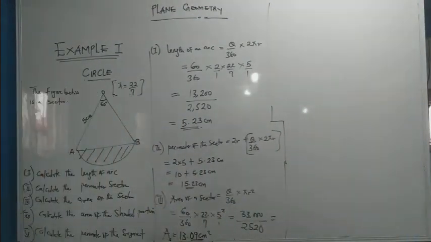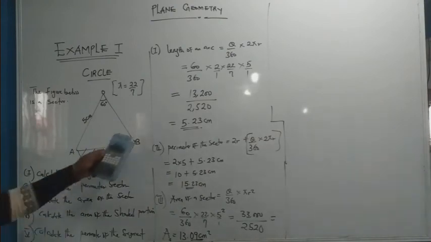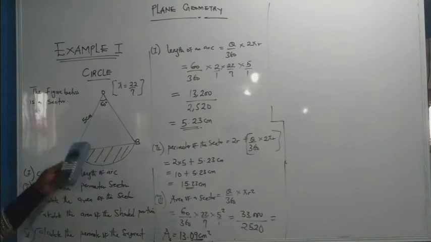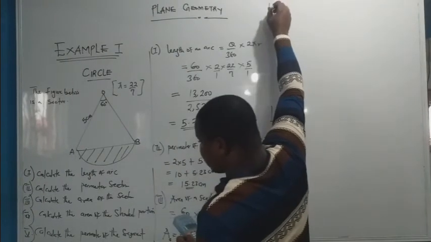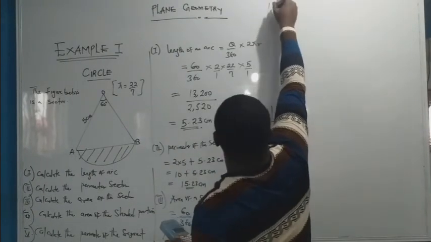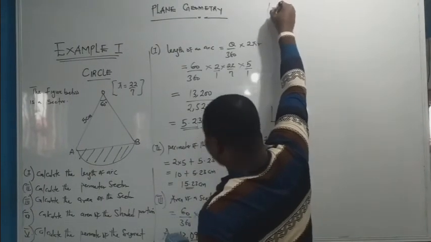It says calculate the area of the shaded portion. Now, if you look at it, the shaded portion is a segment, a minor segment. So the formula for calculating the area of the minor segment, that's number 4.